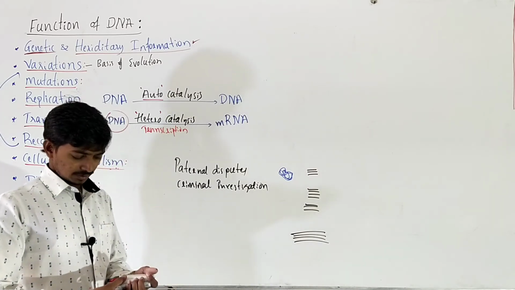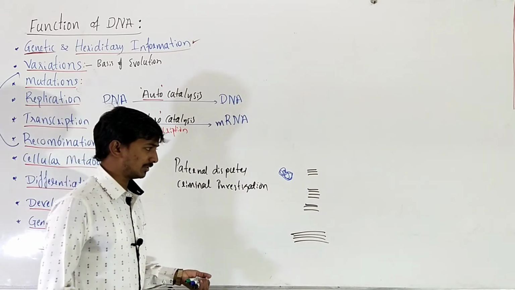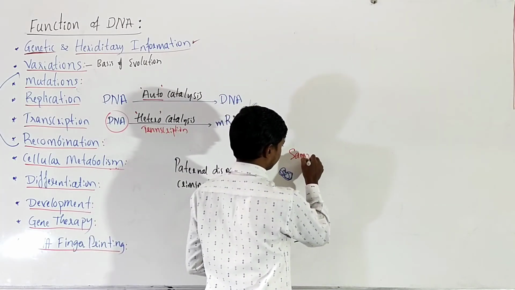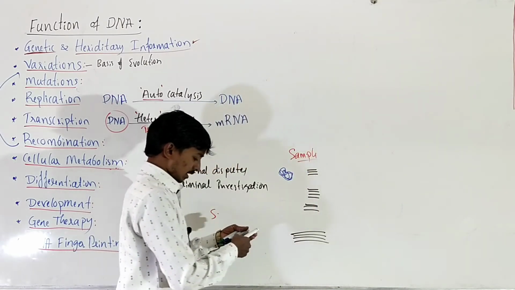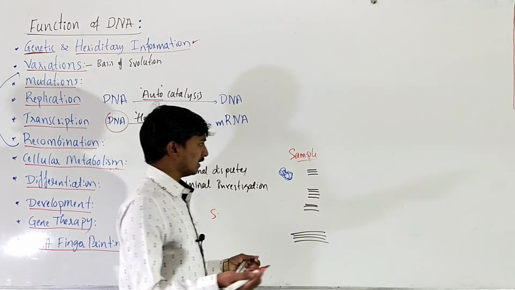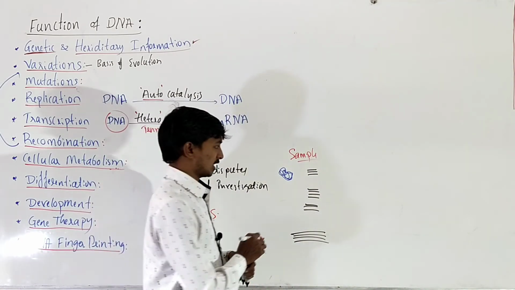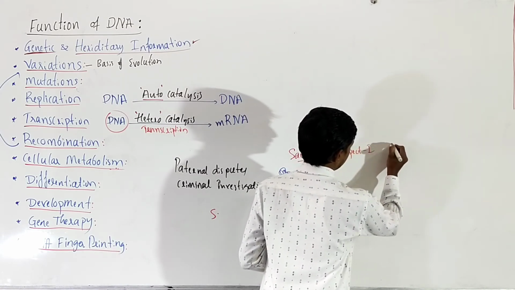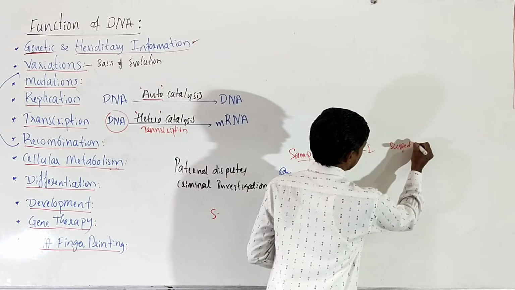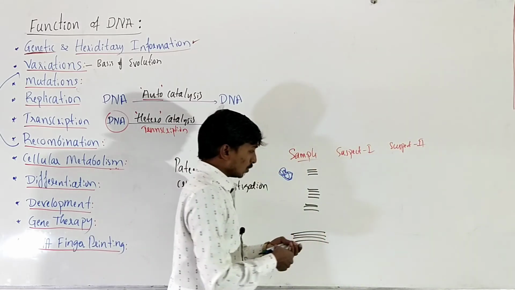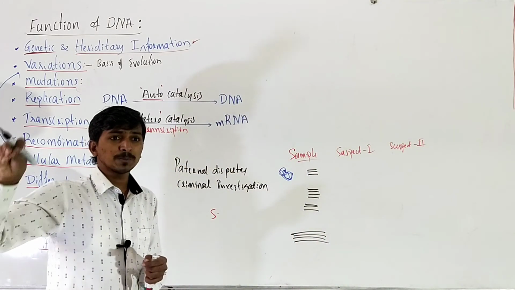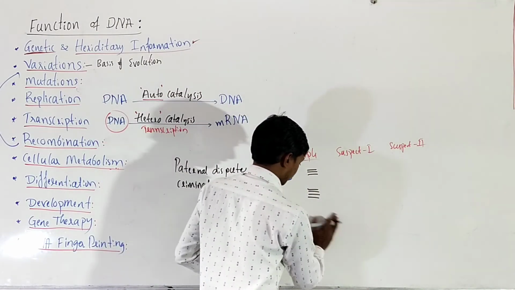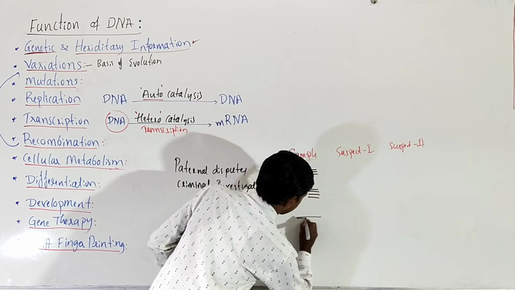And of course, the police department will find some suspects. This is the sample available, and the department will find some suspected samples. Suspect 1, suspect 2. By using the samples from those persons, again they will find the DNA patterns.